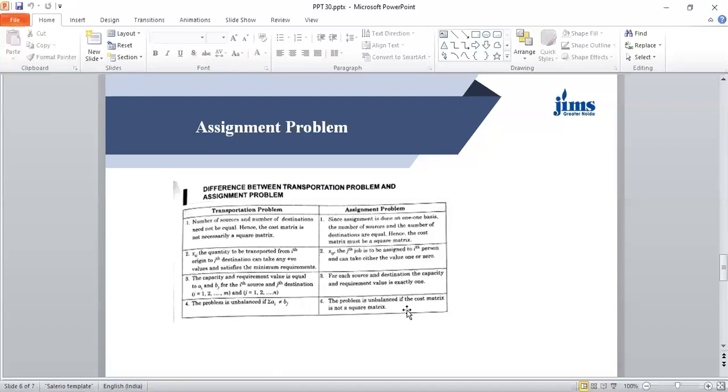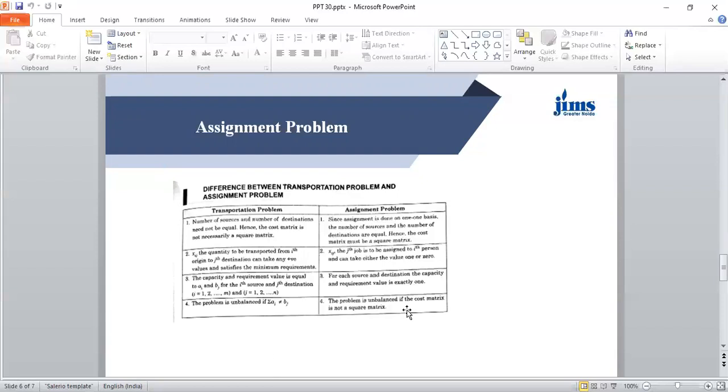Generally, they are different, so the cost matrix will not necessarily be a square matrix. On the contrary, in the assignment problem, assignment is done on a one-to-one basis because the number of sources and destinations are equal. Hence the cost matrix will essentially be a square matrix.